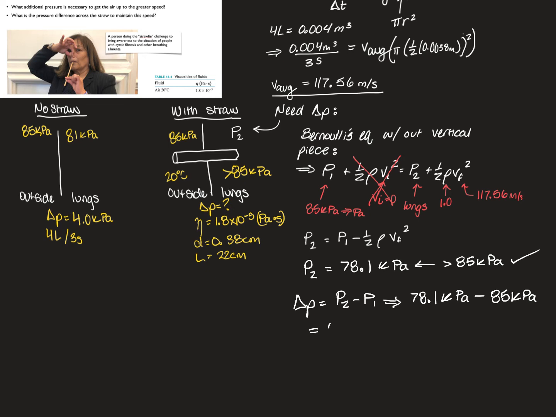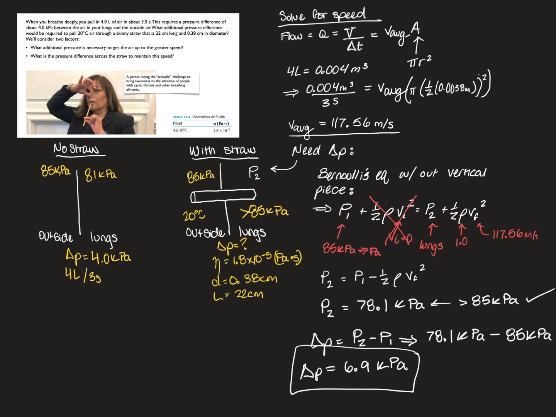We get a delta P of 6.9, yes, kilopascals from the outside into the lungs. But that's not all we're asked. We're also asked, what is the pressure difference across the straw to maintain this speed?